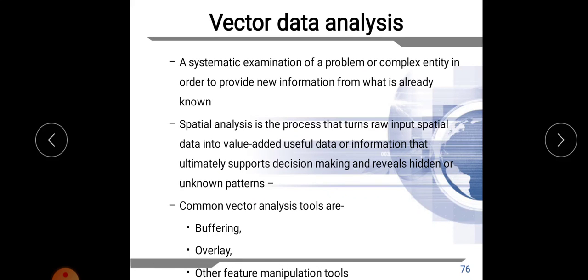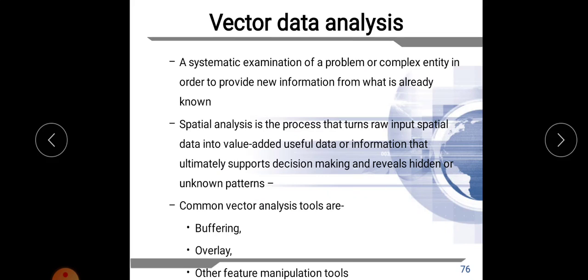So the first one is vector data analysis. Analysis is a systematic examination of a problem or complex entity in order to provide new information from what is already known. From existing data we are examining through a systematic method, finding new information based on our existing data.